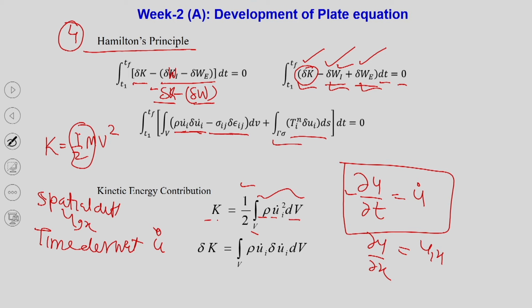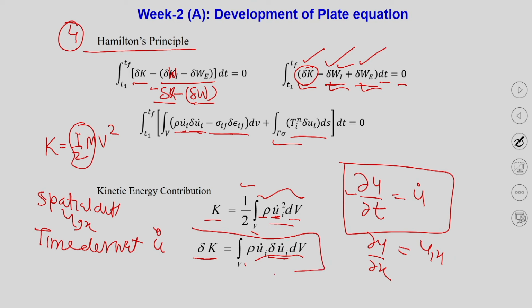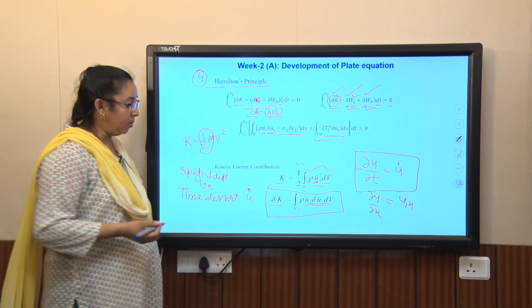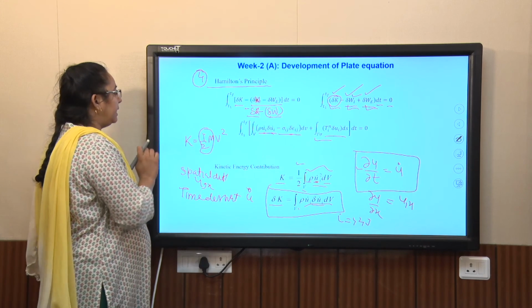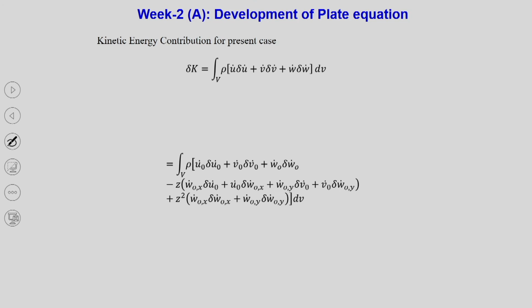So, our kinetic energy is this. If you take the first variation, then twice will come up here, and ui dot and δui dot. So, basically the first variation of kinetic energy becomes like this in index form, where i can go 1, 2, 3. For our present case, δK can be written like this: u dot δu dot, v dot δv dot, w dot δw dot.